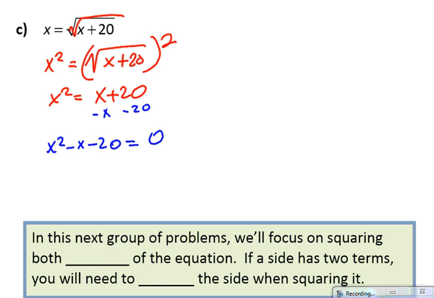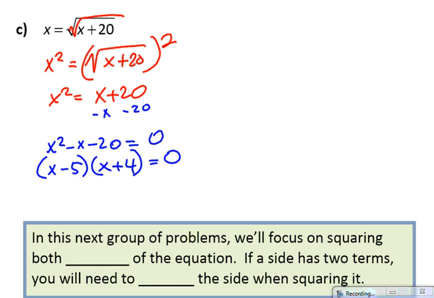Don't forget the 0 over there. Factor it, short AC. Two numbers that multiply to be negative 20 and add to be negative 1 are going to be negative 5 and plus 4.